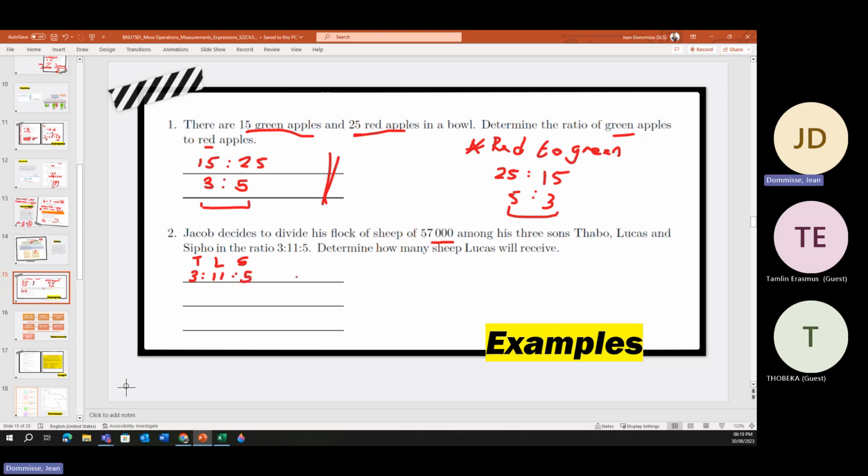The first thing we will do is add all of them together to get the total size of the ratio.